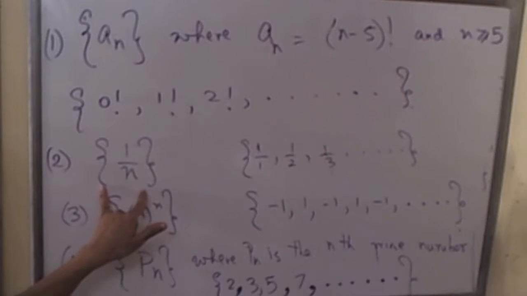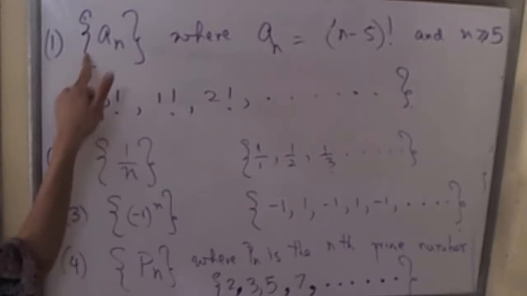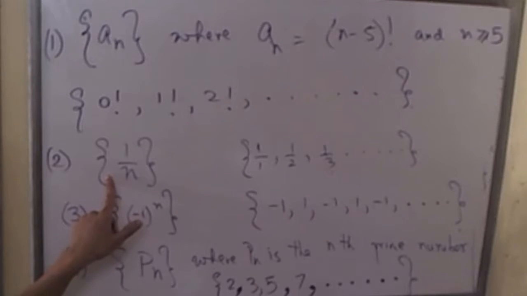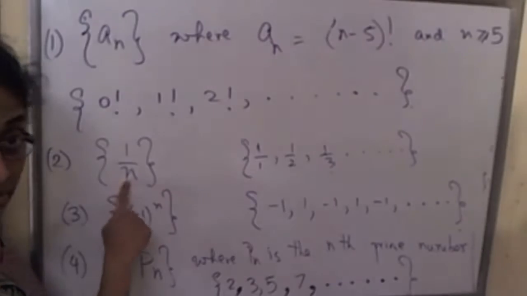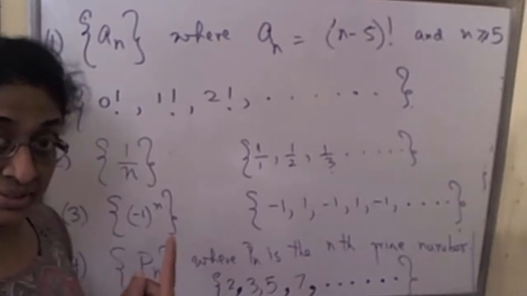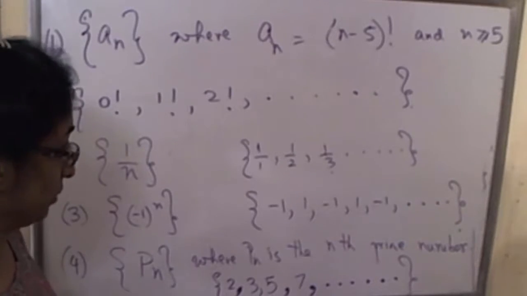So now here's another example. Here I don't use a sub n, I simply put the curly braces and I put the formula for elements of the sequence. And here remember the letter n, as opposed to x or y. This letter n reminds us that it's an element of the natural numbers.